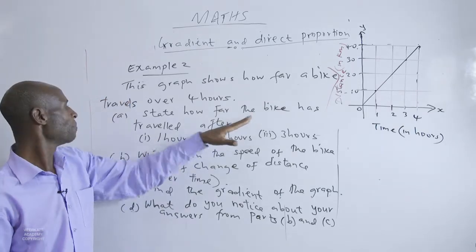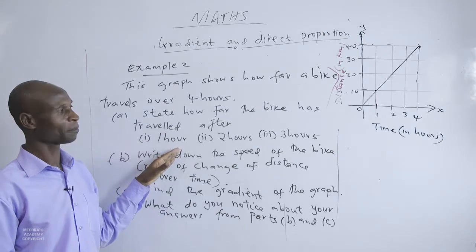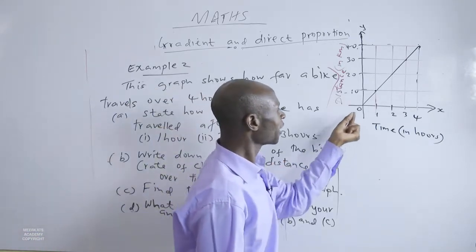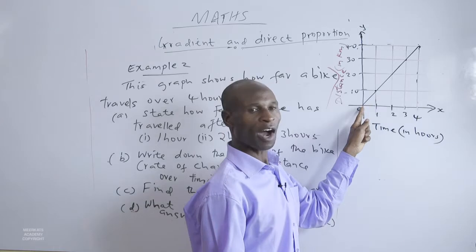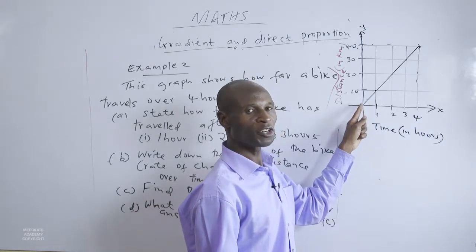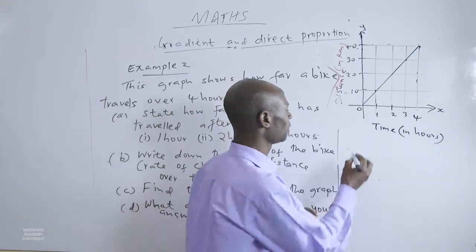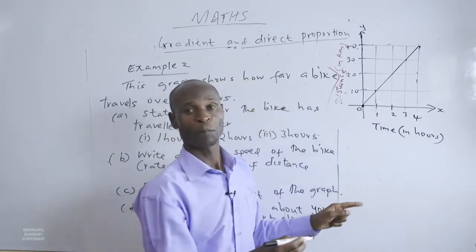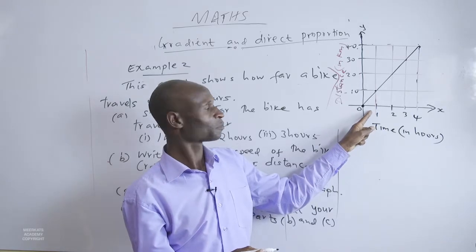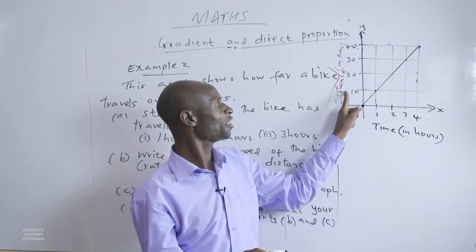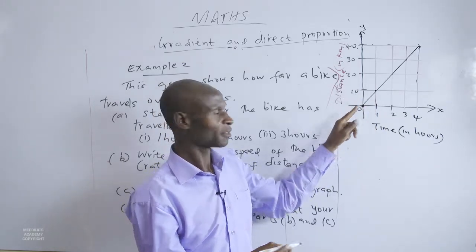State how far the bike has traveled after 1 hour. So we study the graph. At 0 hours, the distance traveled is 0. That's why the graph is starting at the origin. After 1 hour, the distance traveled is 10 kilometers.